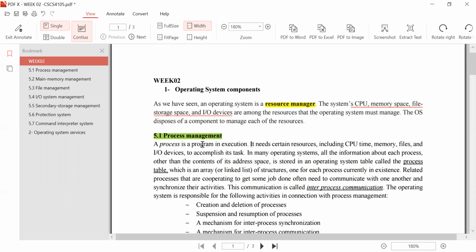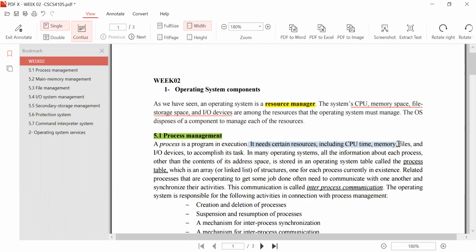And once you have a program that is in execution, that program needs what? It needs resources. For example, it needs processor time. It needs the processor to be able to execute some of its tasks, whether arithmetic or logic operations. And then it needs memory, because the process will have some storage, some variables that it is manipulating.